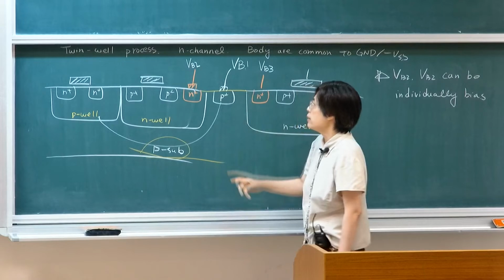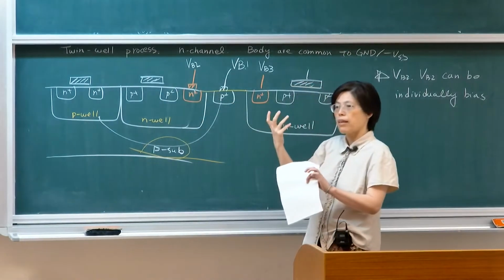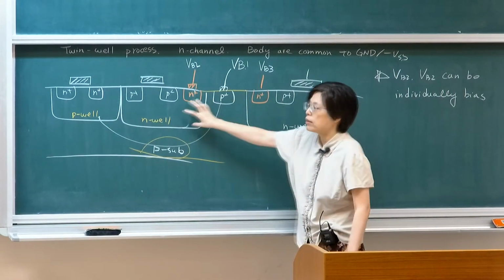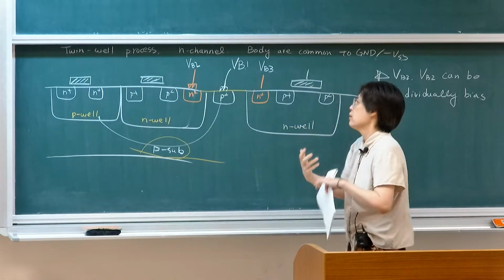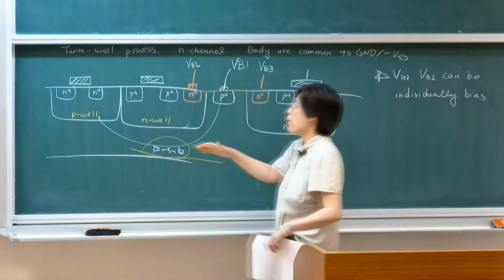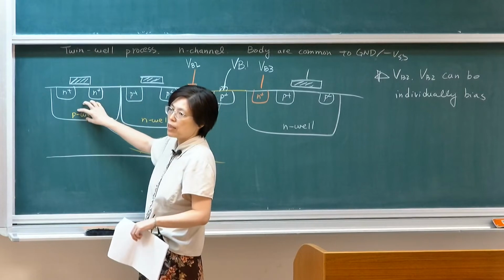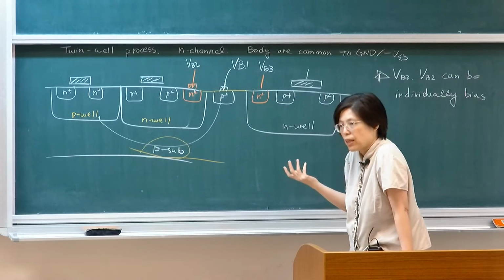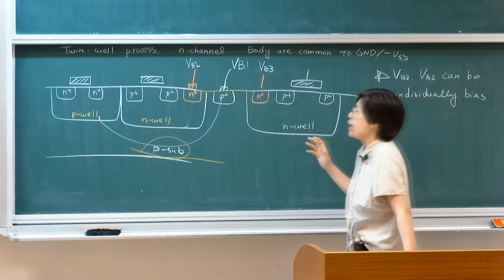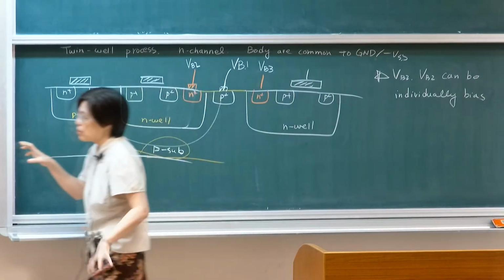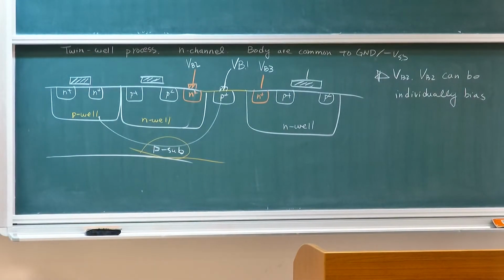So if that's the case, then you could do what we call the source-body tie. We then have independence in my biasing condition, because this well and this well are not connected together. So there's a main difference in a twin well process. Of course, there's also triple well to surround it so that you can have independence. But just to give you a sense, a twin well process implies that the body of your N-channel transistor is not within your control, because it's shared by everybody.